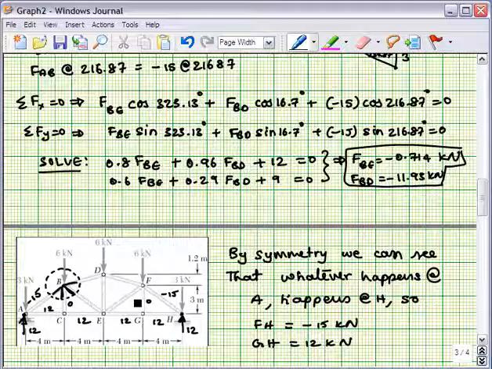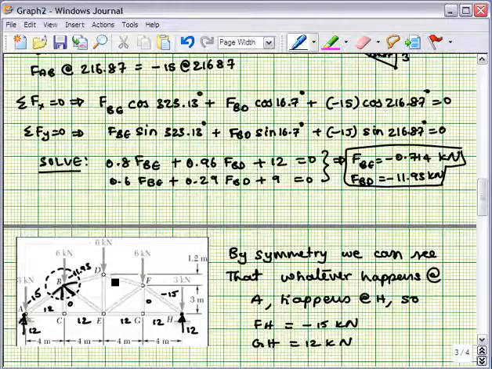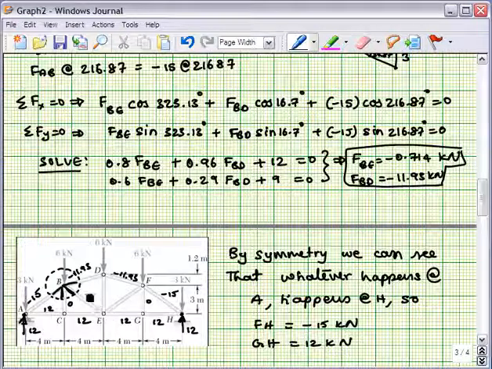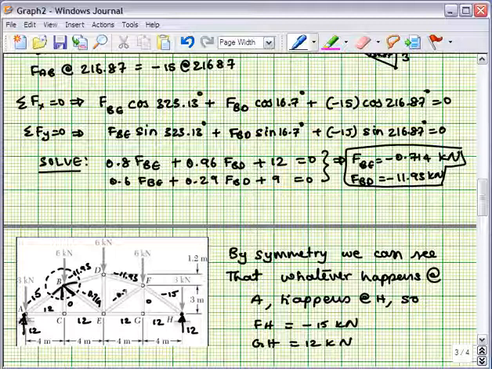If now I also have this bar force FBD is minus 11, so this one will be minus 11. Then this one is minus 0.714. That one is minus 0.714. So the only thing that's left is this bar.